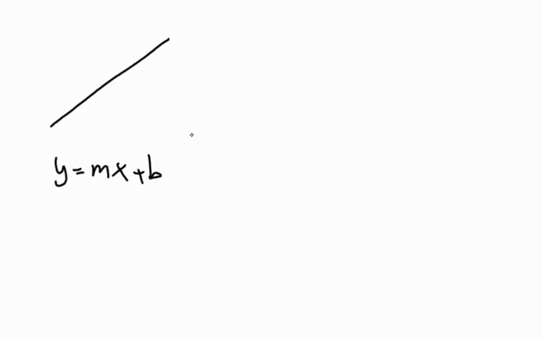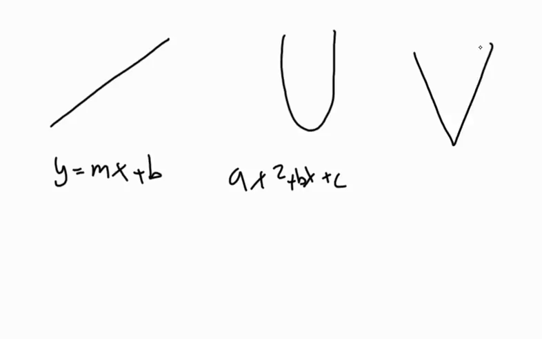We've had equations of parabolas, like ax squared plus bx plus c, and even an absolute value formula for a V. So why not have a formula to make a circle? That's what we're going to do today.